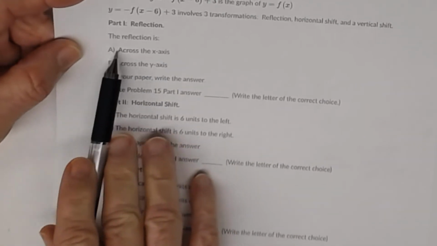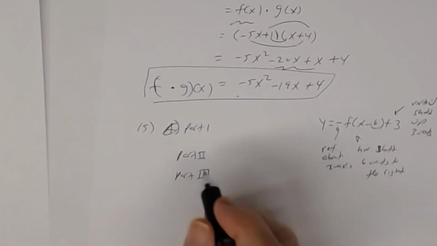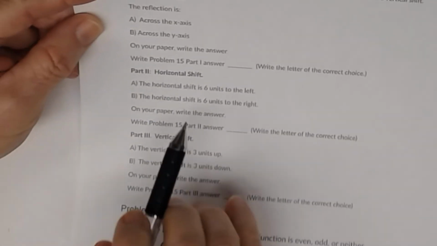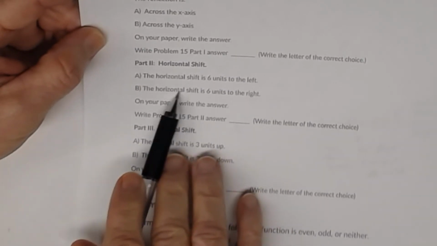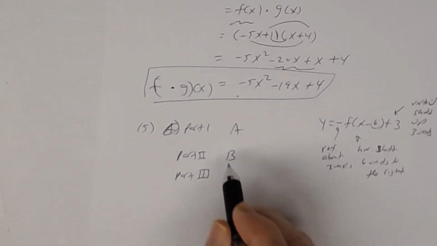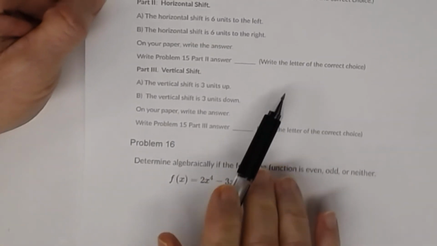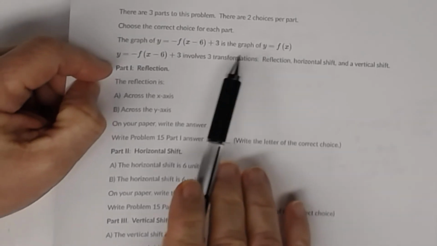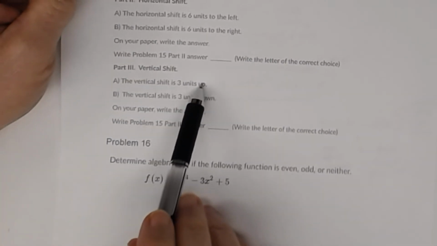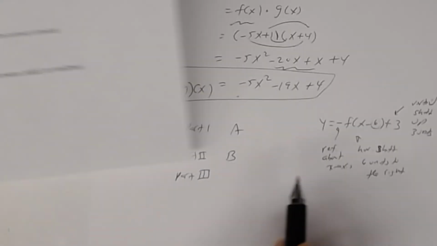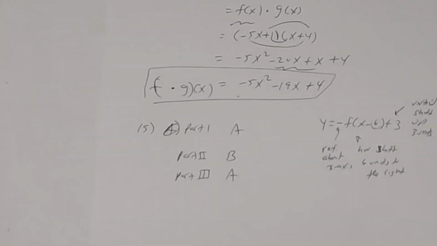All right, so then the reflection, so the answer is going to be A. For part 2, horizontal shift is the one that's going to the right, so that's B. And then part 3, that's the easy one. That's the one where you're going up 3 units. So that would be, what, vertical shift up 3 units? So that's A. All right, so that's the answer to 15, A, B, A.